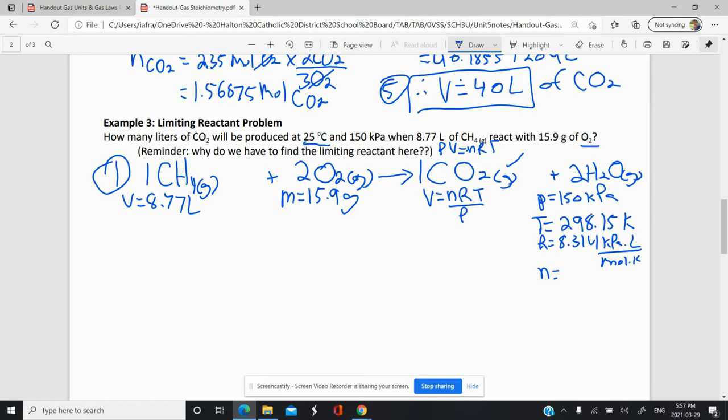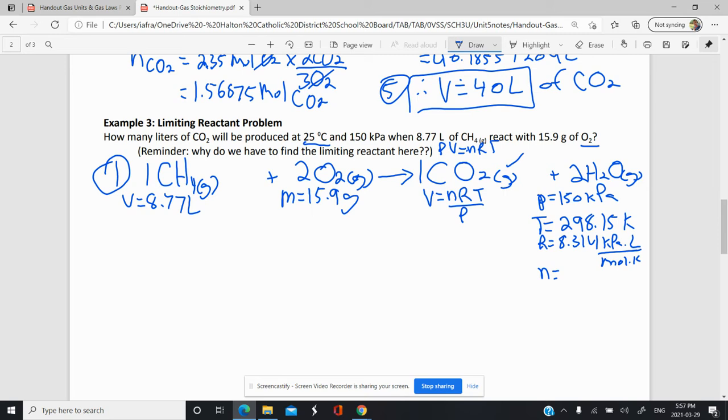So to find n, we have to use a mole ratio between one of the reactants and the CO2. And so you'll notice the problem in this situation is we're given information about both reactants. We're given possible quantity information about the CH4 and the O2, and we need to decide which one we're going to use in the mole ratio to find the CO2. In other words, we need to determine our limiting reagent.